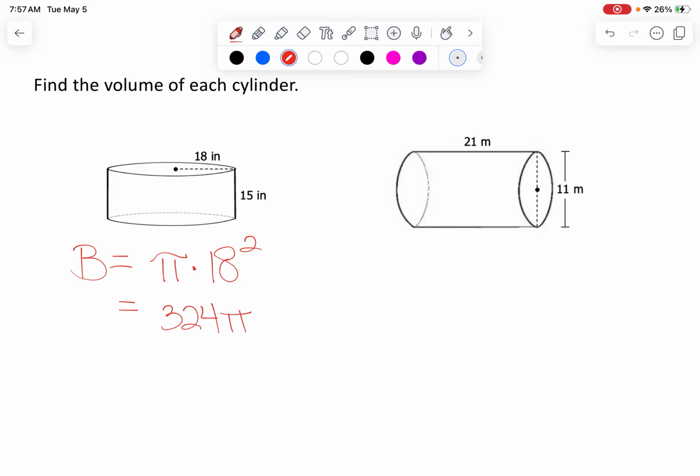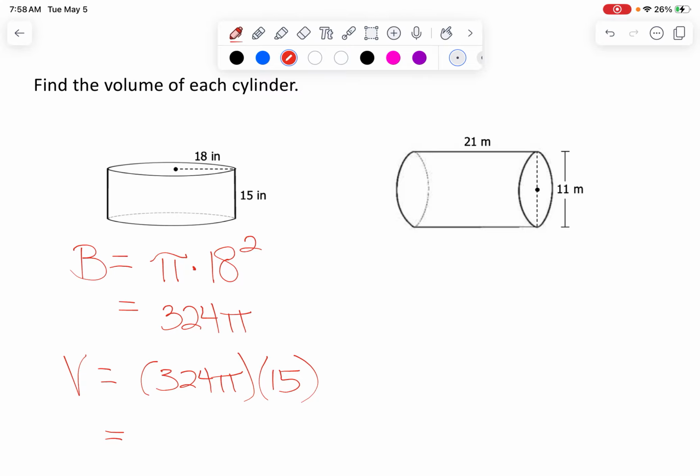Now I'm not going to simplify that and type that. I'm just going to leave that because I'm going to multiply it by the height. So really, my volume is equal to 324 pi times 15.